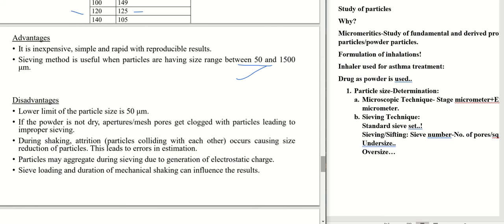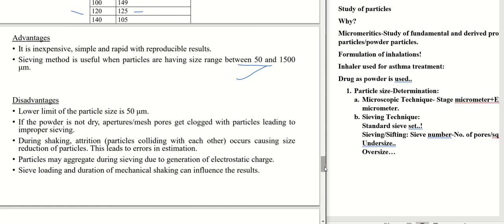And during the mechanical shaking of the equipment, the particles present in the powder might collide with each other and might cause size reduction because of the to and fro motion of the vibratory shaker.